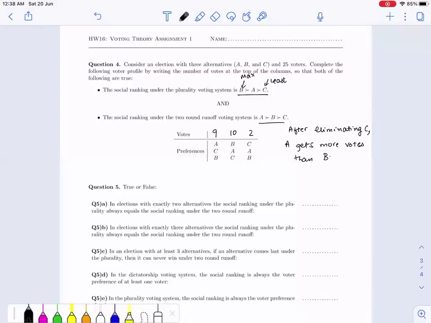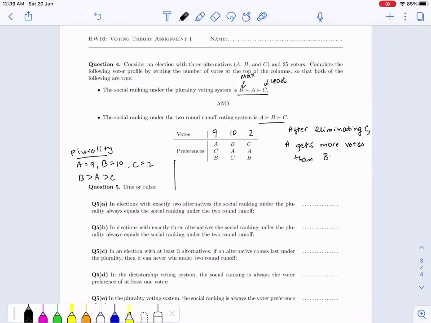So this way, for plurality, A gets 9 votes, B gets 10 votes, and C gets 2 votes, so the ranking is B greater than A greater than C as required.